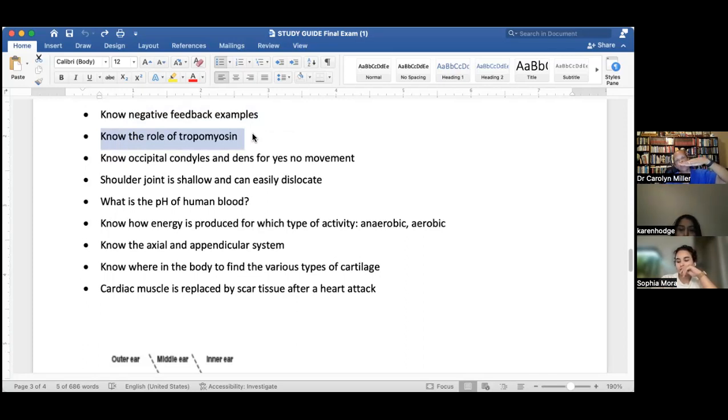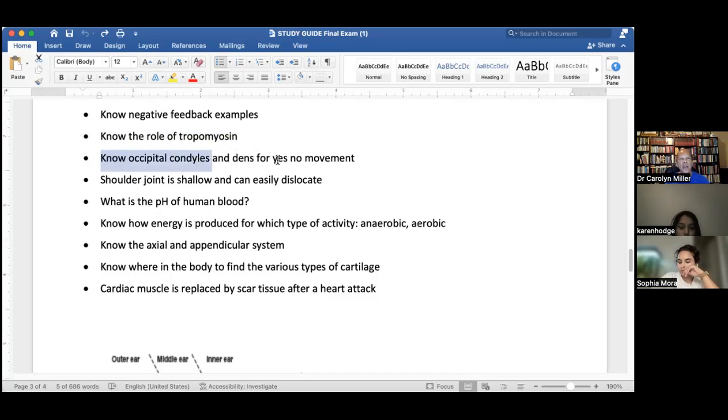So myosin will bind to actin, creating that cross bridge and sliding filament contraction. So the role of tropomyosin is to block the myosin binding sites on actin so the contraction will not occur until calcium is released from the terminal cisterns of the sarcoplasmic reticulum and binds to troponin.